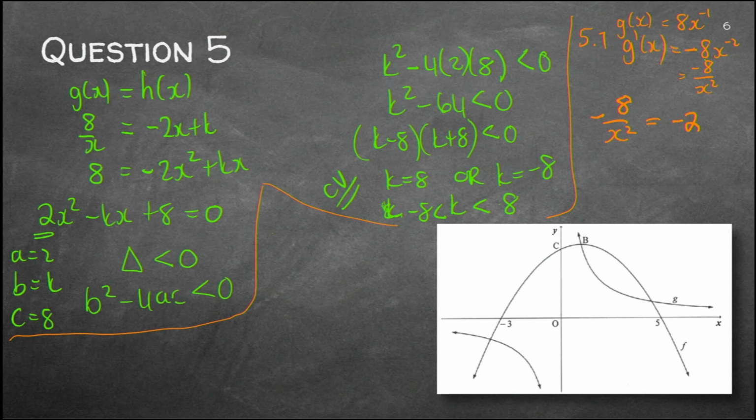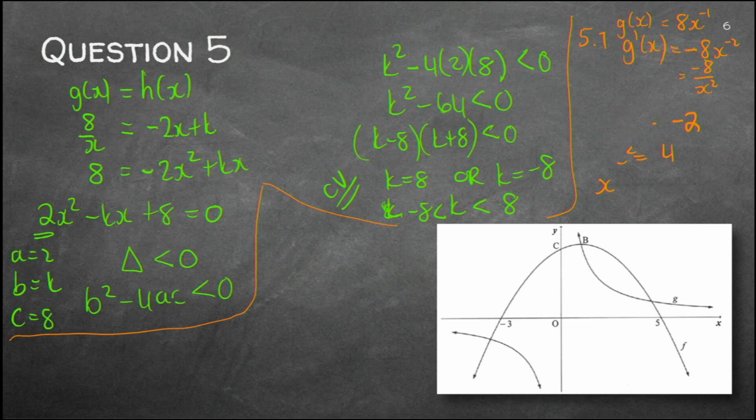So once again, I would start changing it around, and we would get that x squared is equal to 4. Hold on, I made a slight error, just bear with me real quick.